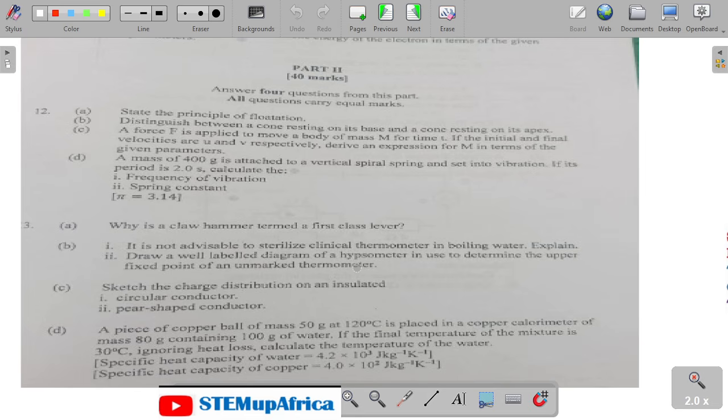So let's see question 12c. It says a force F is applied to move a body of mass m for a time t. If the initial velocity and the final velocity are u and v respectively, derive the expression for m in terms of the given parameters. So let's illustrate. I like illustrating my questions with diagrams.